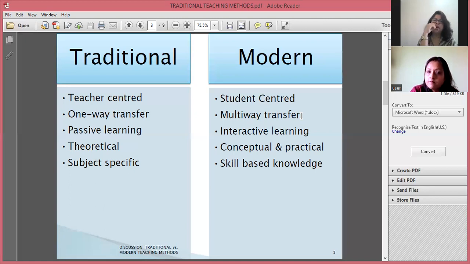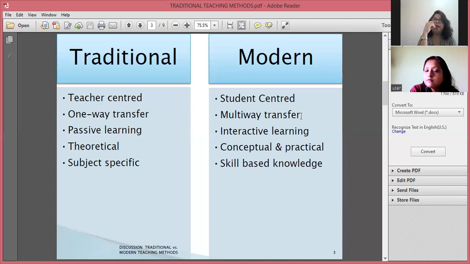So here, if I want to give some more inputs, subject specific means students only have subject knowledge. That is the bookish knowledge, which is written in the book; they only gather that knowledge and just repeat it in the exam.